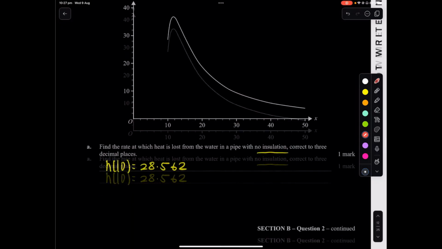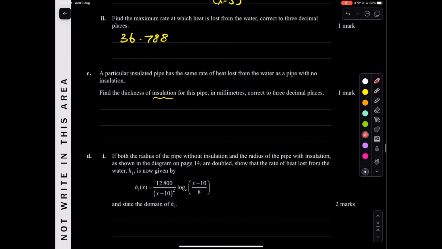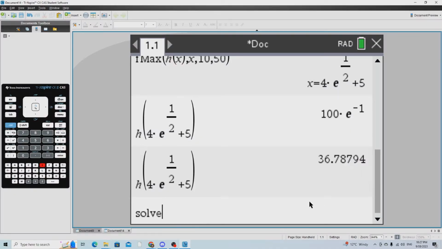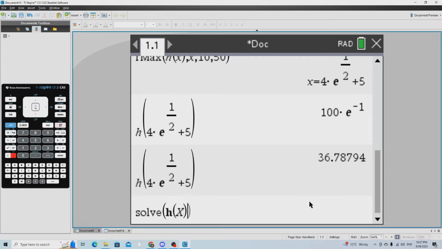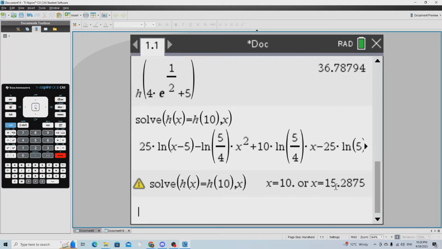That's what we want. So what do we know? Well, we know that a particular insulated pipe has the same rate of heat loss as with no insulation. So we know no insulation is at 10. And we know h of x. So if we solve h of x equals h of 10, comma x, we get these two values.